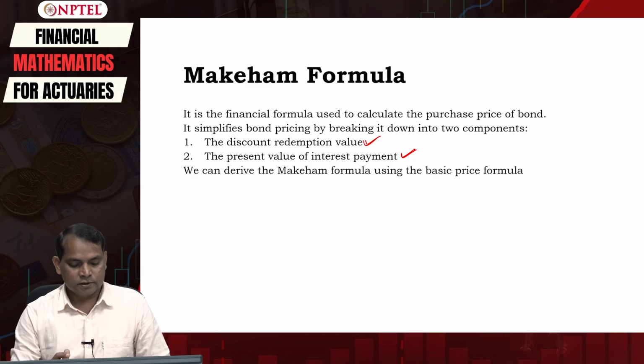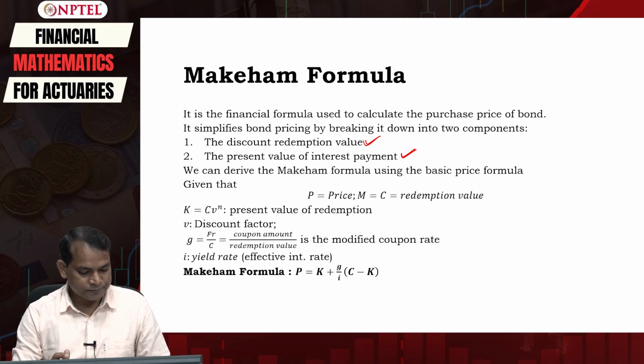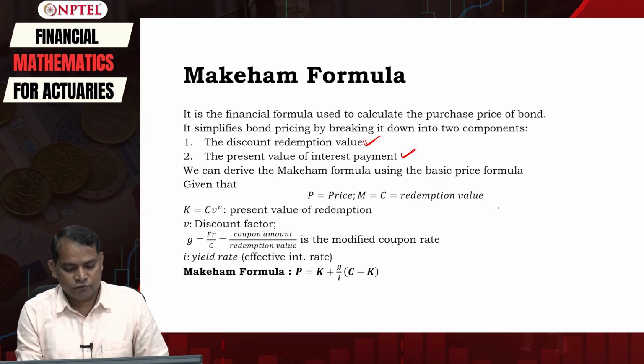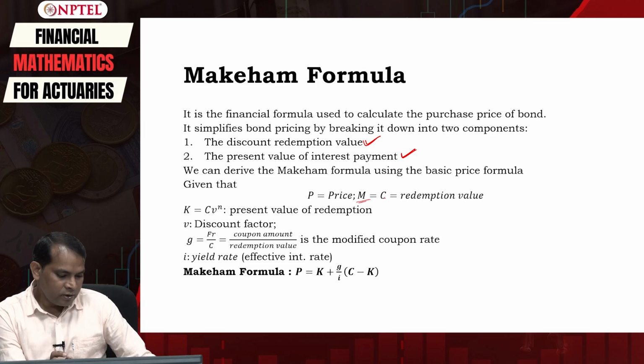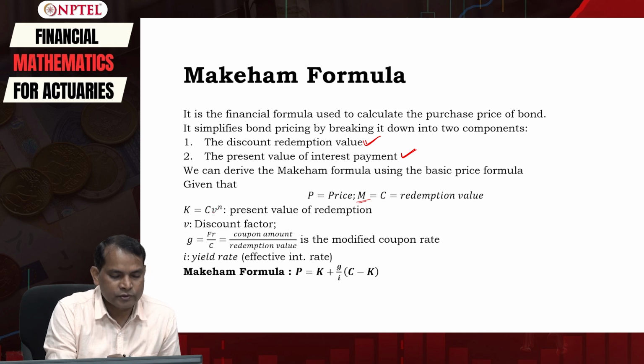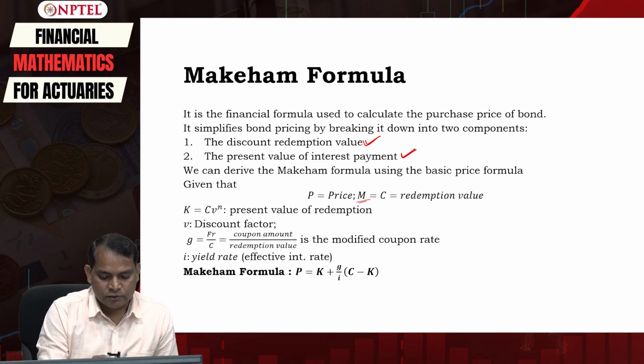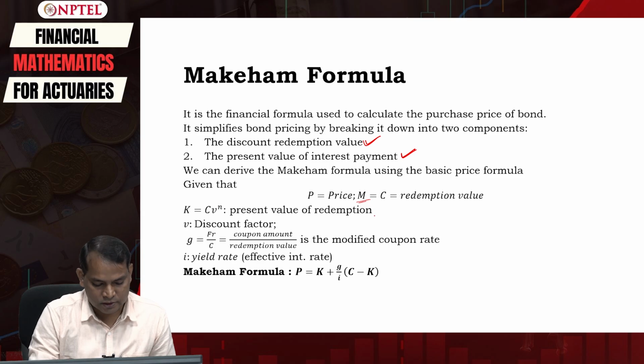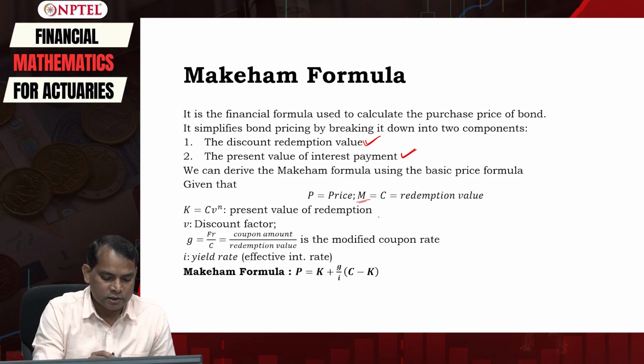Given that P is the price and C is the redemption value, which in our case we have assumed that this M, the maturity value, is also the redemption value. K is given as C V to the power n, which is the present value of redemption, and V is the discount factor.